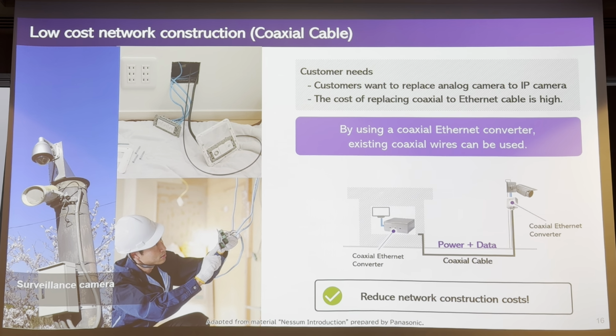But the problem is the cost of replacing coaxial cable with Ethernet cable. The solution is a coaxial Ethernet converter with Nessum. If we use this device, we can use existing coaxial cable like Ethernet, so the cost of building the network will be lower.